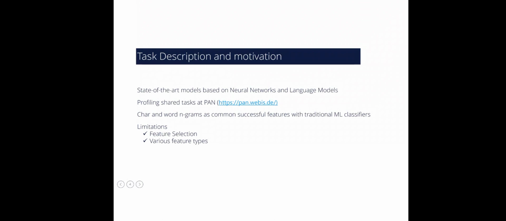So many machine learning and deep learning models were proposed by researchers for profiling tasks such as human versus bot profiling, gender identification, hate speech profiling, and fake news profiling in PAN shared tasks, whose link we have given here.